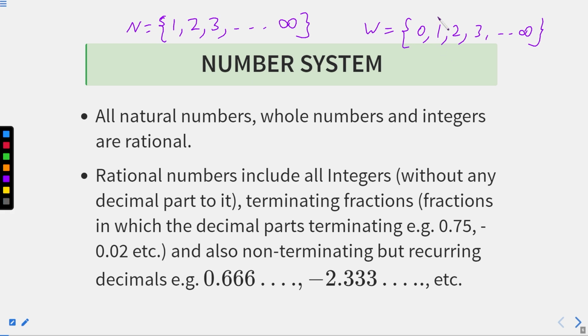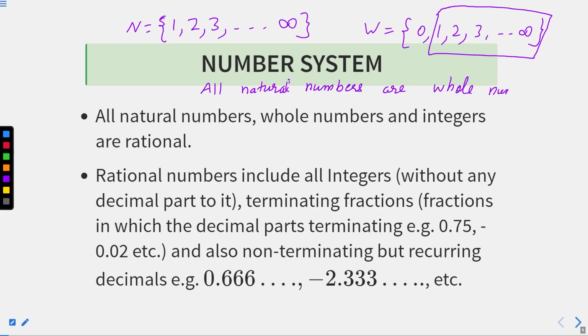If you see that these numbers are natural numbers, we can say that all natural numbers are whole numbers. Clear? So note.